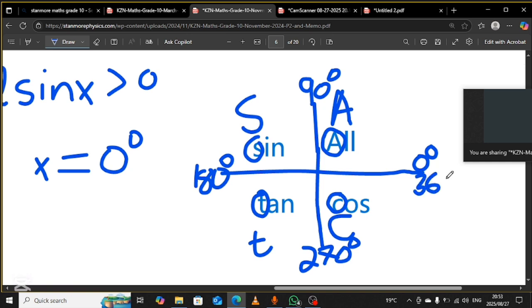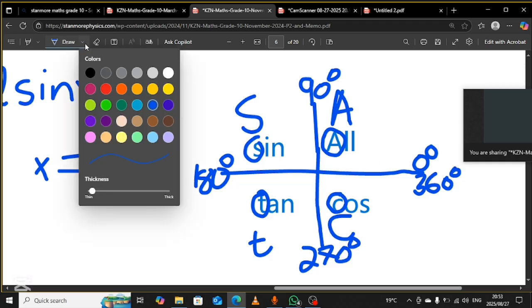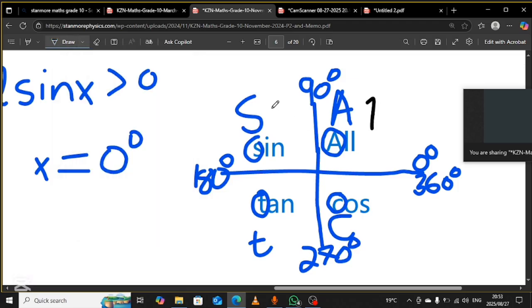In the first quadrant, all trig ratios such as sine, cosine, tangent, cosecant, cotangent are positive. On the second quadrant, only sine is positive. This is the third quadrant, and this is the fourth quadrant.